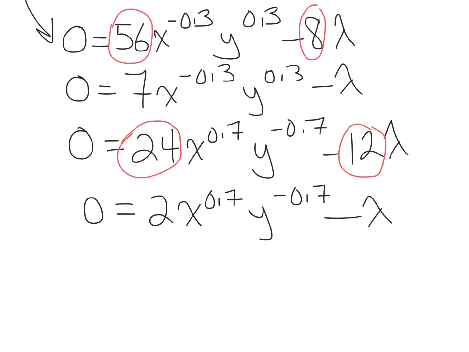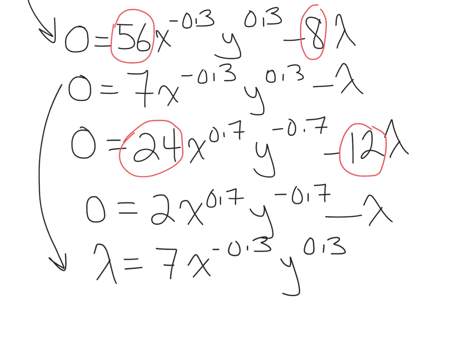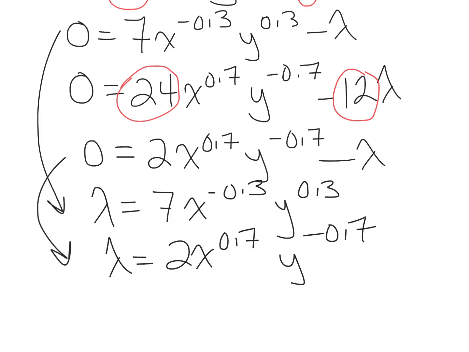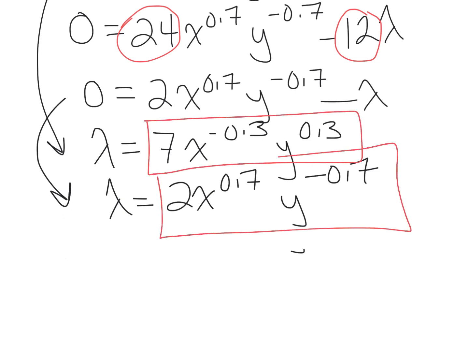Okay. So now we're kind of in the same place we were before with other questions, where we have lambda equal to something in that first partial derivative. And in that second partial derivative, we also have lambda equal to something. So again, we can say, well, if this is equal to lambda and this is equal to lambda, they must be equal to each other for those equalities to be true.